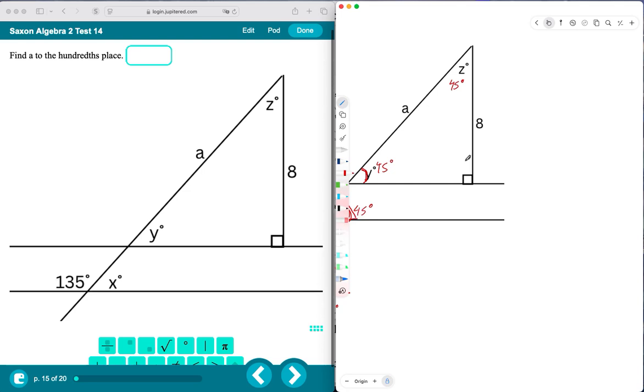So I have to use Pythagoras' theorem or SOHCAHTOA. I think y'all have learned SOHCAHTOA. Yeah, I'm pretty sure y'all have used it.